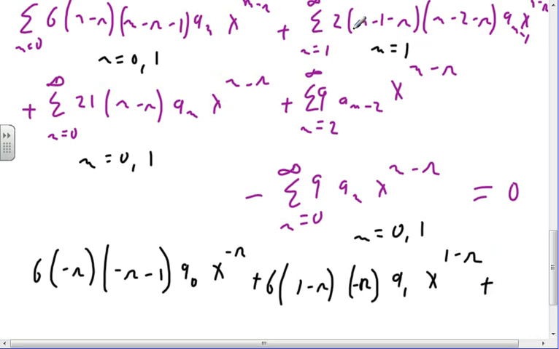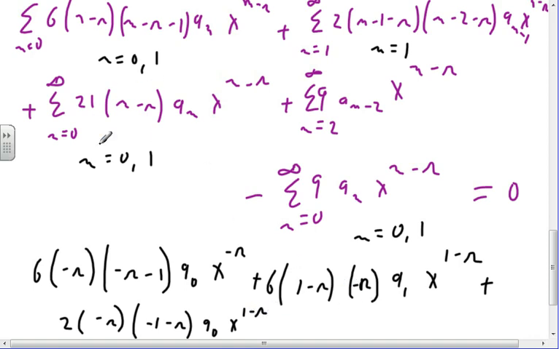Then I'm going to take the 1 term out of here, so it'd be 2(minus r)(minus 1 minus r) a_0 x to the 1 minus r.